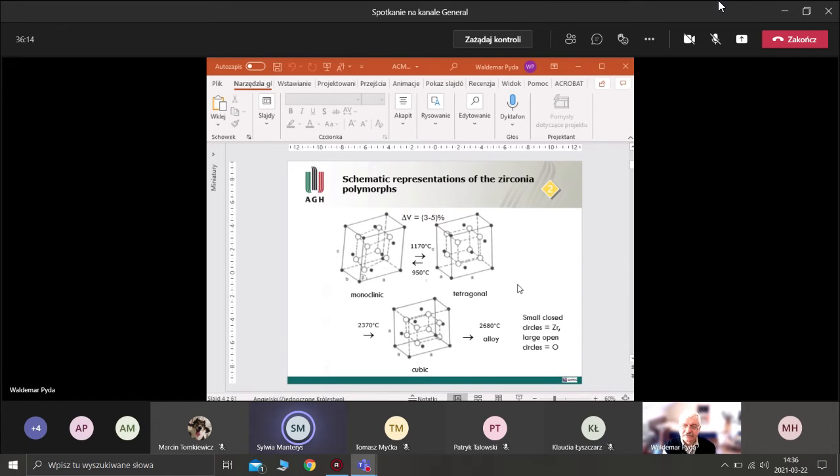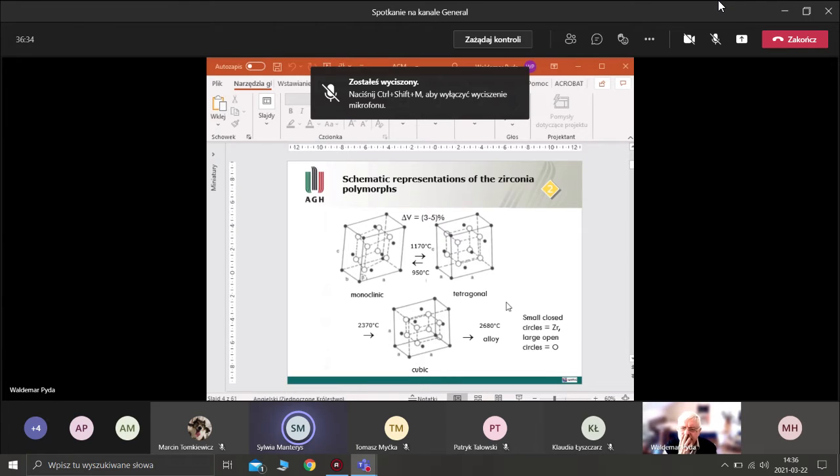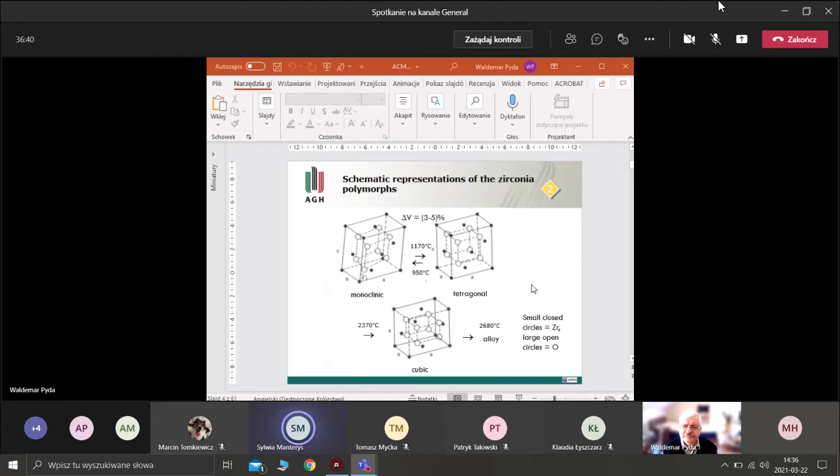So the oxygen is in the body conformation, and zirconia is in the face. I don't know if you mean exactly that, but I hope so.